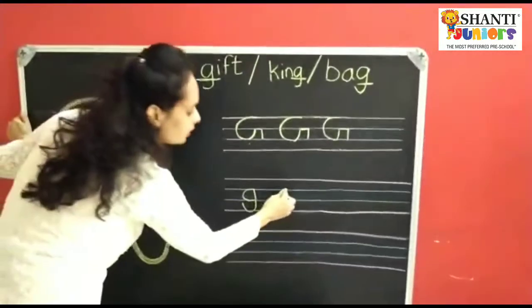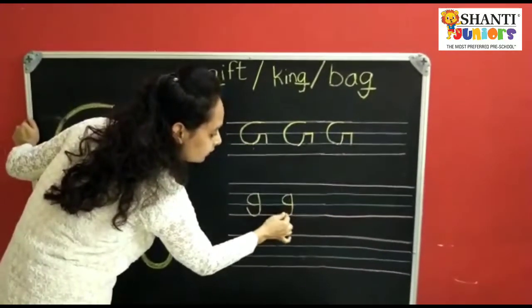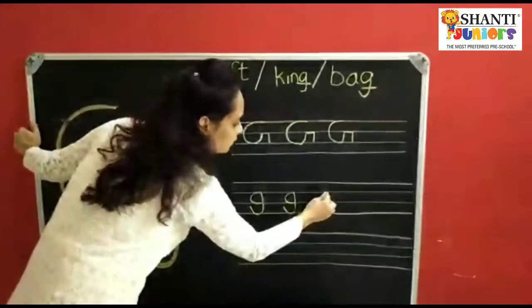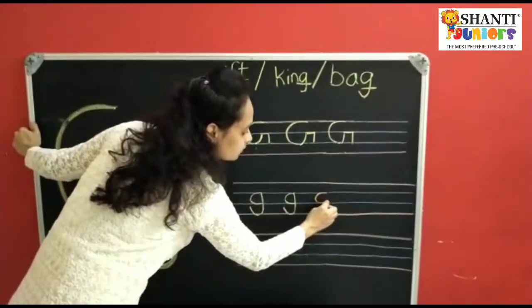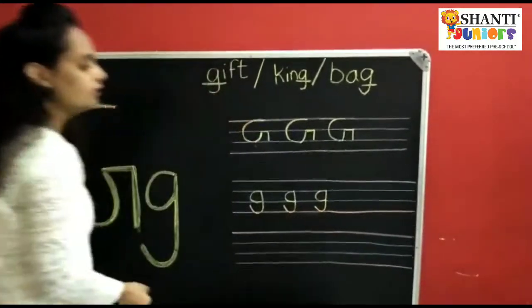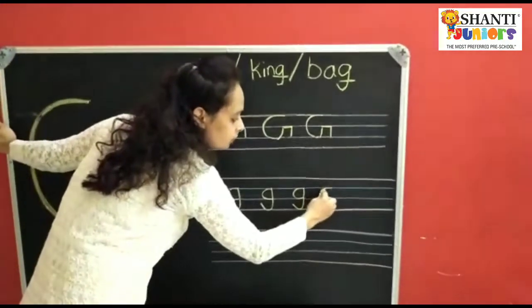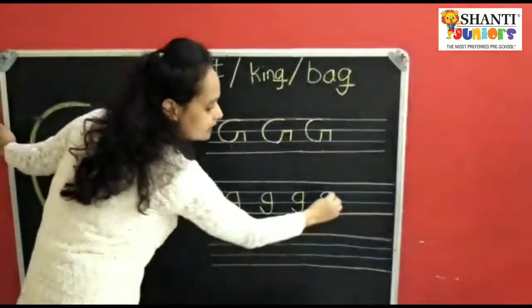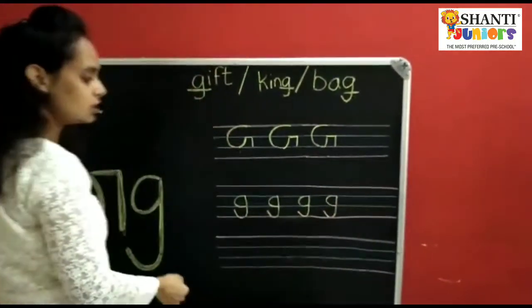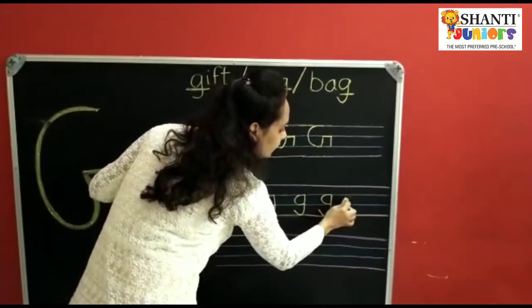Okay children, curve, standing line, curve. It becomes letter G. Curve, go up, down. It becomes letter G. One more time. Curve, and then standing line and curve. It becomes letter G.